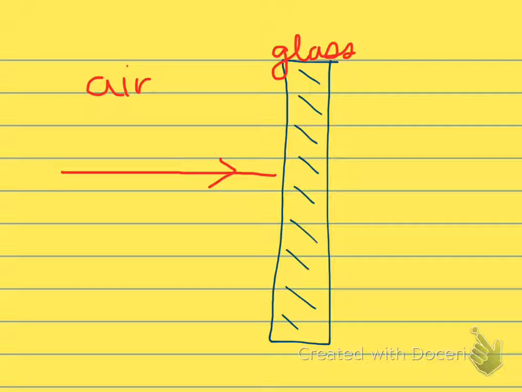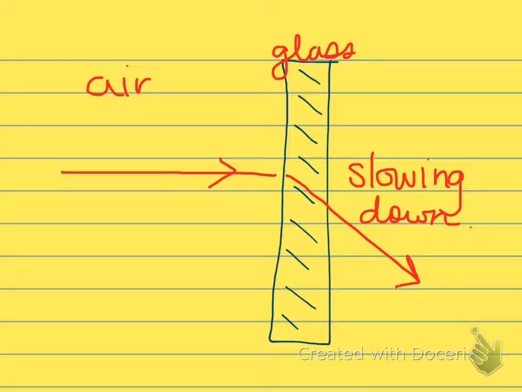So what's happening is when the light travels through this piece of glass, it ends up slowing down the light, and the result is bending of light. So it's bent, or refracts.